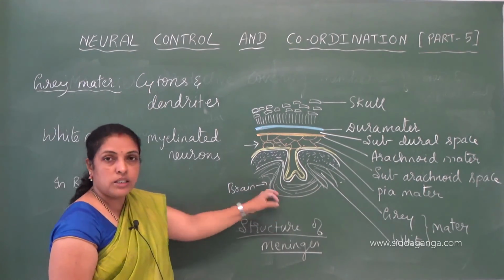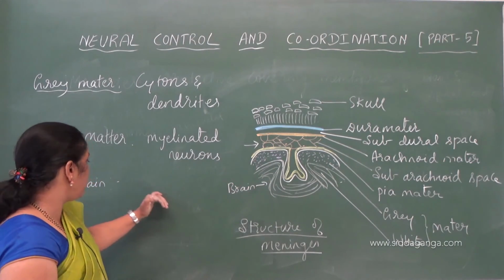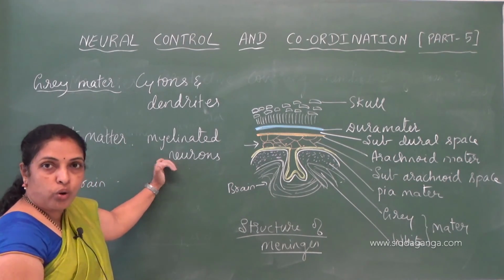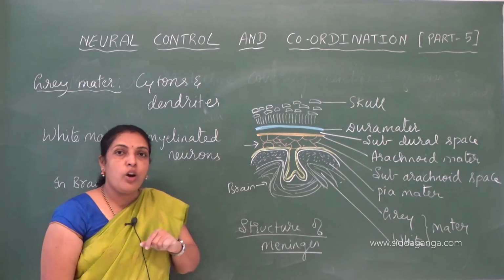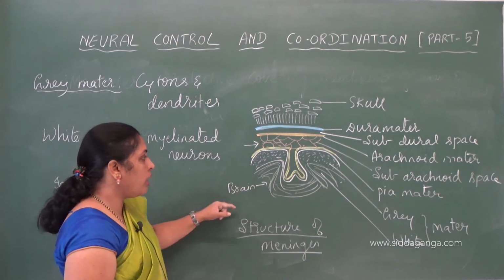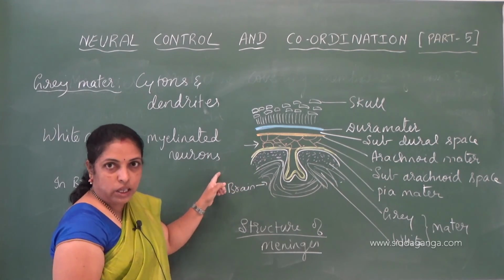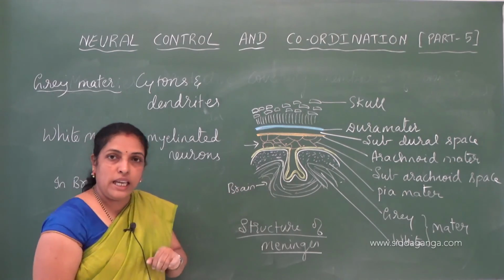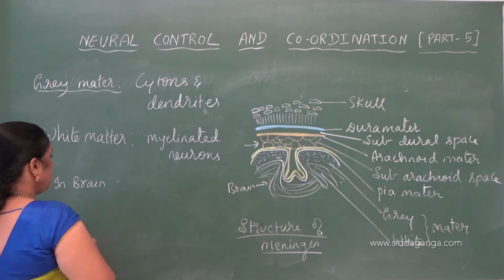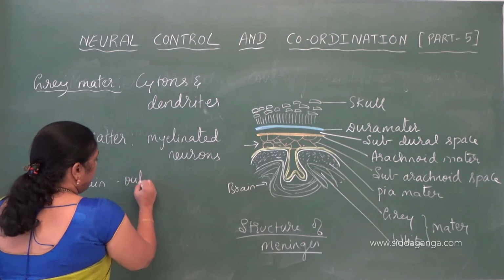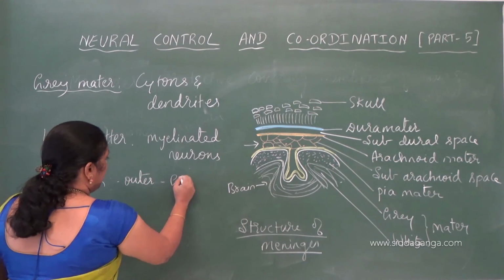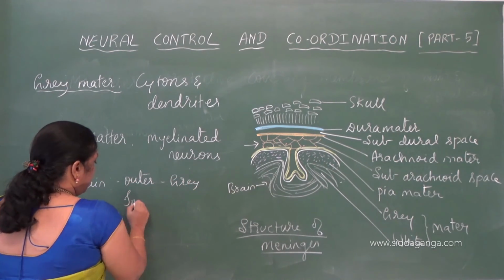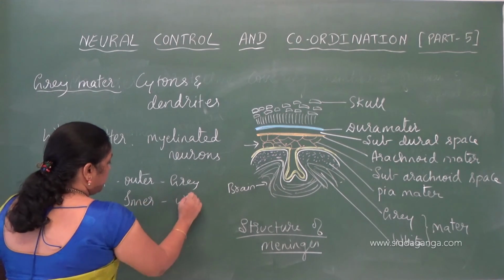White matter contains myelinated neurons. In the spinal cord it is the opposite: outer is white matter, inner is grey matter. Understood? So, in brain outer is grey matter whereas inner is white.